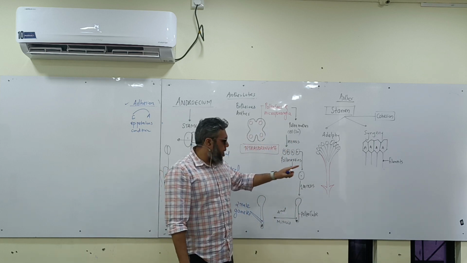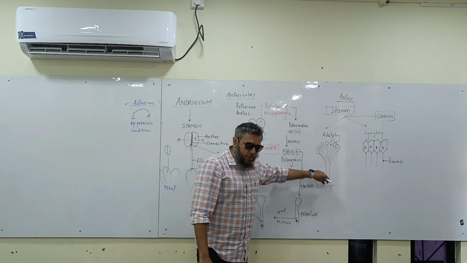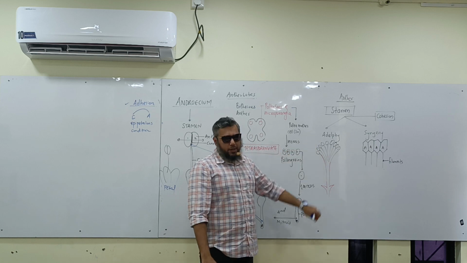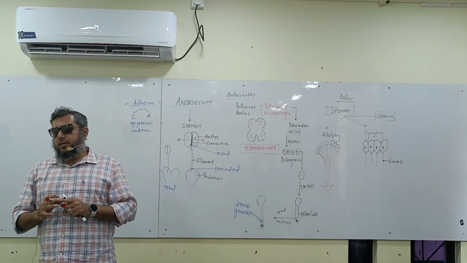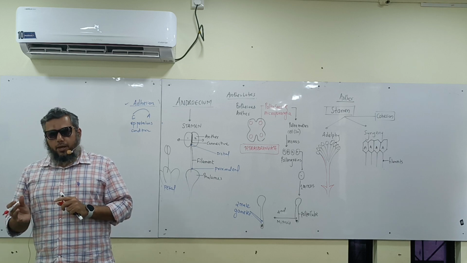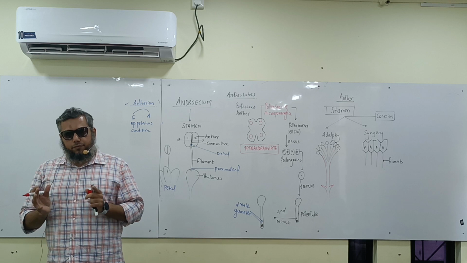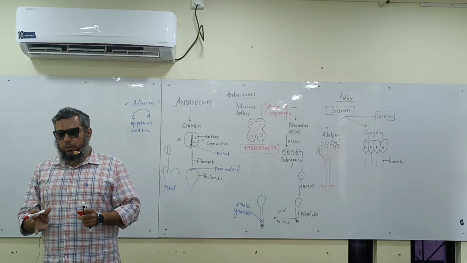This condition where the anthers are free and the filaments are fused is called as Adelphi. So the condition where anthers are free but the filaments are fused is called Adelphi. And the condition where anthers are fused and filaments are free is called syngeny. Got the difference between the two?